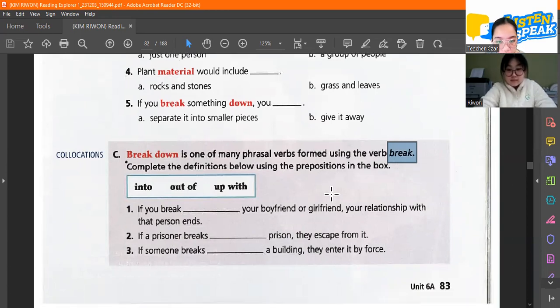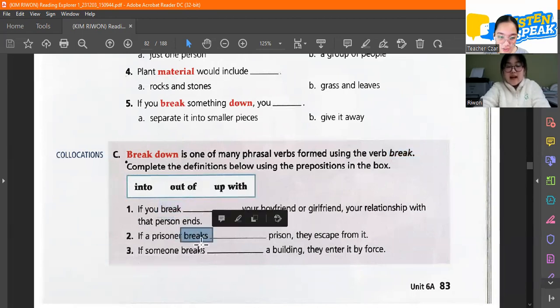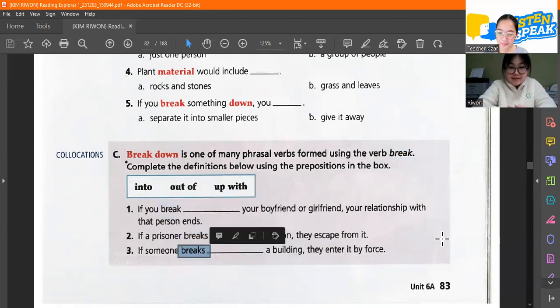So you have the words into, out of, and up with. So I have to use the word break with these. You already have the word break included in each sentence.